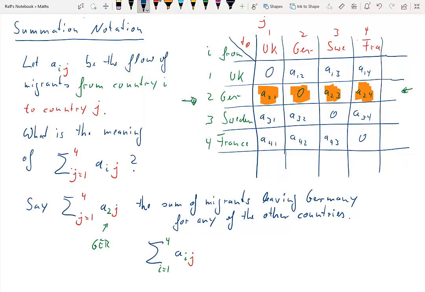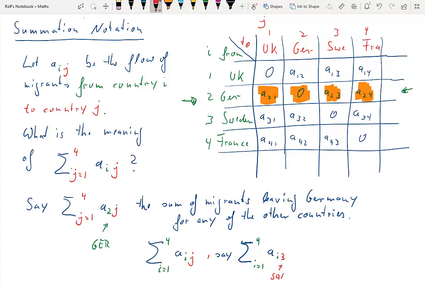So again, to put a particular meaning to this, we sort of have to fix the J. So let's say we're fixing it at a value of 3. So we are asking for the sum where the index I goes from 1 to 4, and we're summing up A_i, and now for the J index we're going to fix is going to be 3.